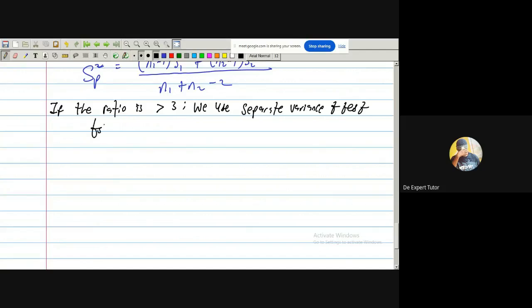Our test statistic will now be equal to x1 bar minus x2 bar, for the two samples, all over the square root of s1 square over n1 plus s2 square over n2. That is it. So that's it for two samples.